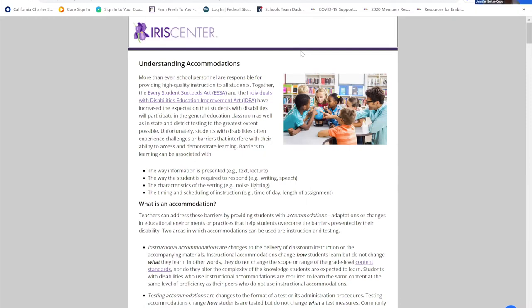Yep. And you give the example of using a sound field for someone who is hearing impaired, or larger text for someone who is visually impaired. Yes. So I break it down that way, and then we do a whole thing on modifications, which is a whole different animal. Yes, that's great. That's exactly what I'm talking about.